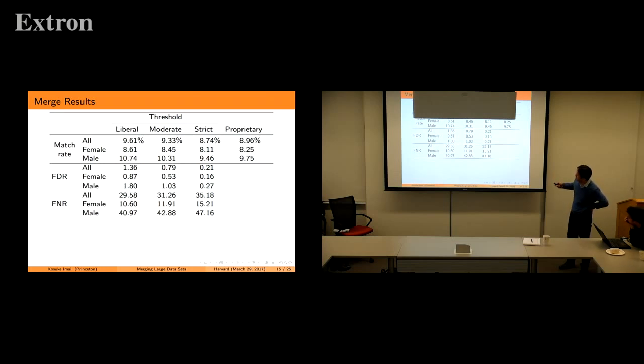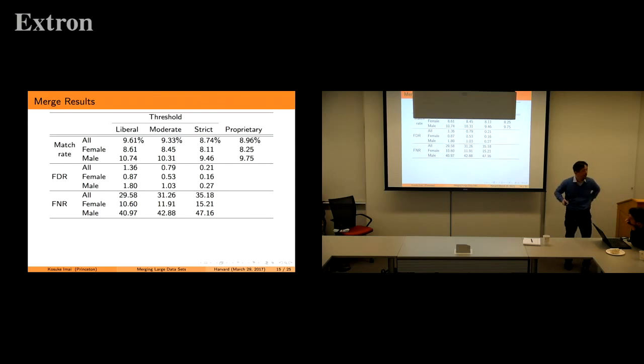You can calculate the false discovery rate and false negative rate for each one. So you see that we are missing a lot. Potentially 30% of donors are maybe not found in the donation record, although we are not making too many false discoveries. The false discovery rate is about 1% or less.